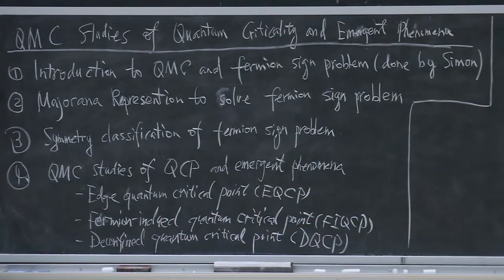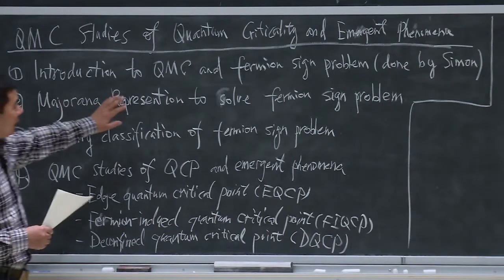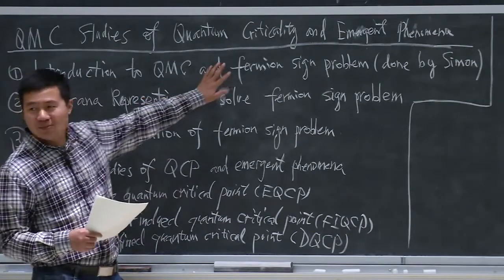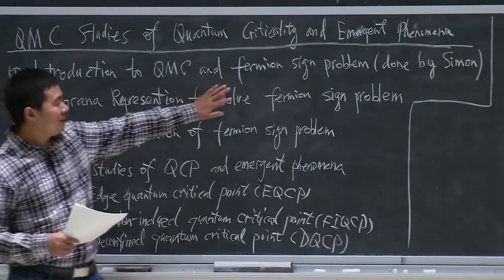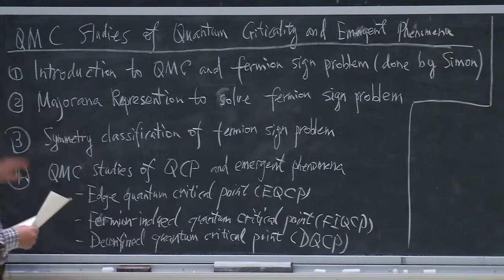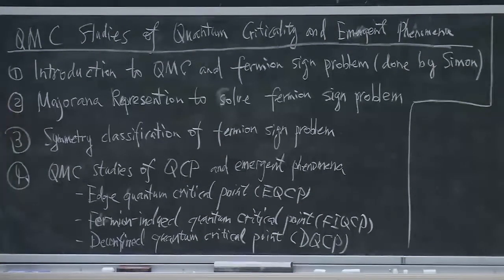First, I will give you some really brief introduction to quantum Monte Carlo and the fermion sign problem. Actually, this was already done nicely by Simon yesterday in his lecture. After that, I will discuss in some detail the Majorana representation, using the Majorana representation to solve the fermion sign problem in quantum Monte Carlo simulation.